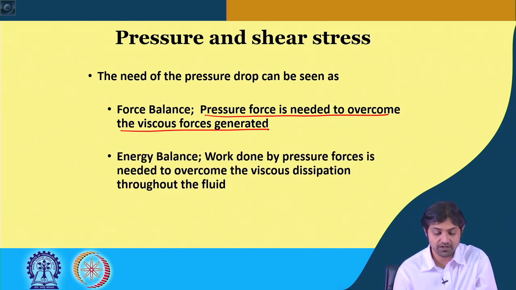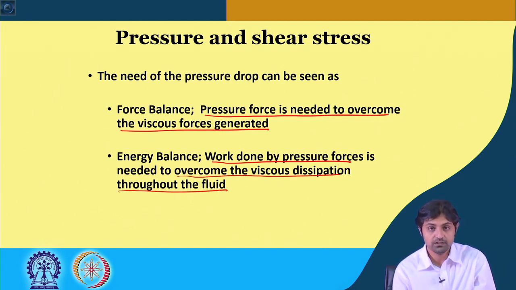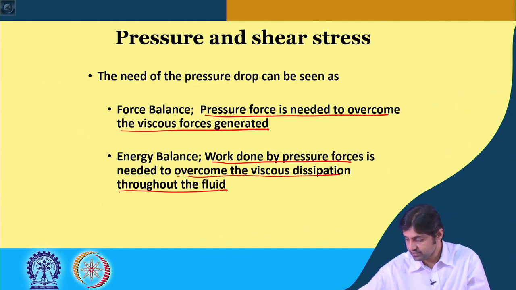Whereas in terms of energy balance we can say that the work done by the pressure forces is needed to overcome the viscous dissipation throughout the fluid. So these are the two different ways of seeing the need of the pressure drop in the fully developed area, and the same can also be applied for an entrance region, just that instead of only viscous forces, it will be viscous forces plus the acceleration.